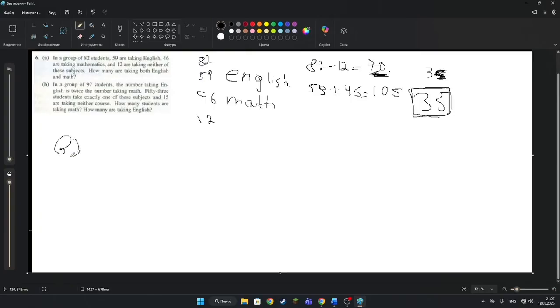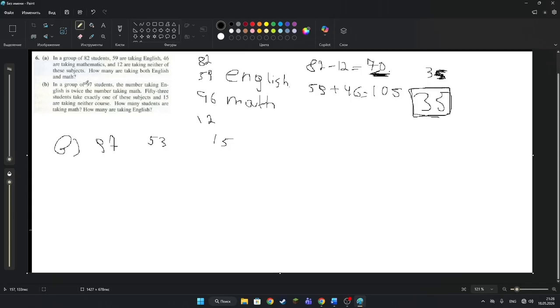And then B. It says that in a group of 97 students, the number taking English is twice the number taking math. 53 students take exactly one of these subjects, and 15 are taking neither course. How many students are taking math and how many students are taking English?